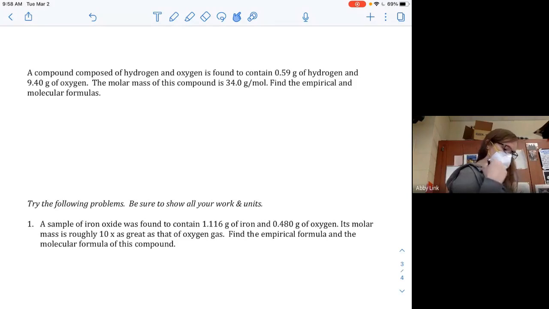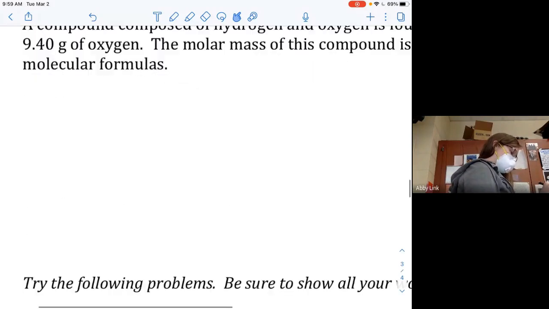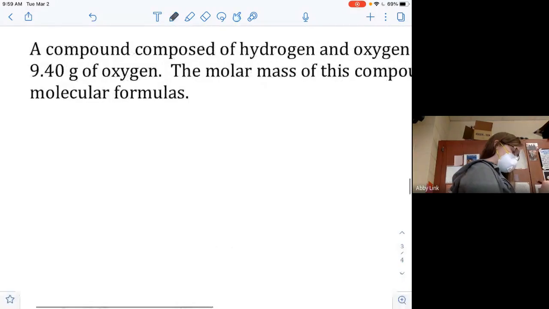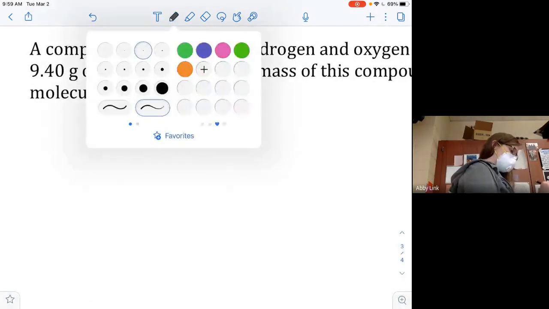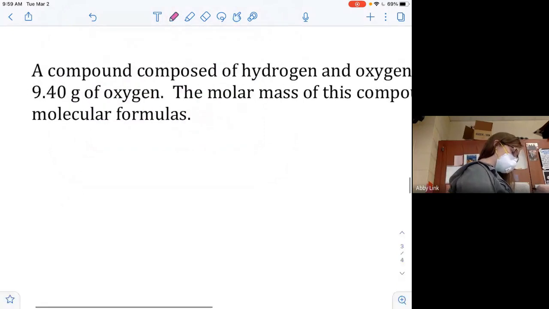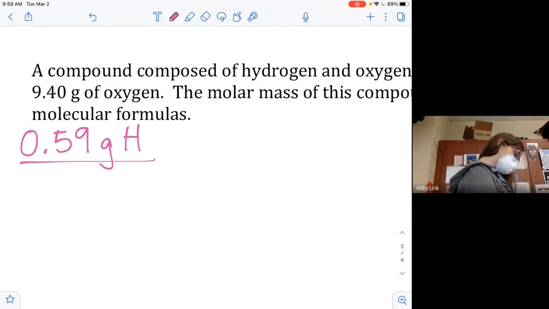Okay, so the first step here is to find the empirical formula. So I'm going to refer back to the front page, look at my notes. I need to convert from grams to moles to begin this, okay? So let's start with our 0.59 grams of hydrogen. Finding hydrogen's molar mass, I'm going to round it to 2 decimal places.